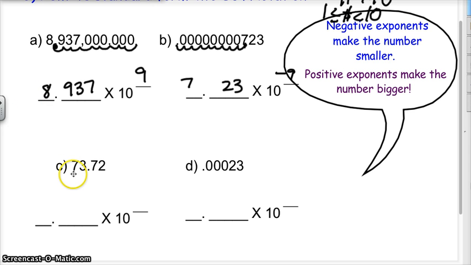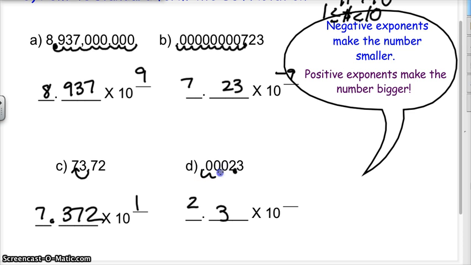Let's see. 73 is definitely larger than 10, so I need that decimal place to go here. If you notice, I moved it one spot, so 7.372 times 10 to the 1. And let's see as well, this next one, if it could be here, I'd have 2.3, which is kind of where I need it.